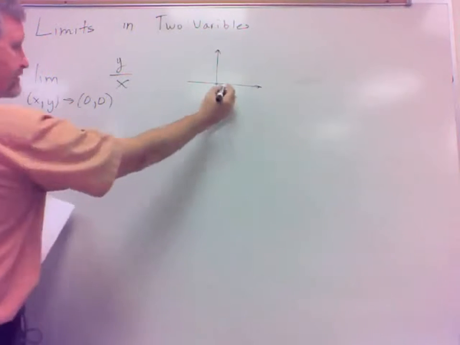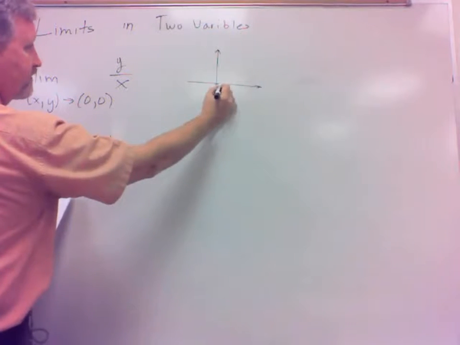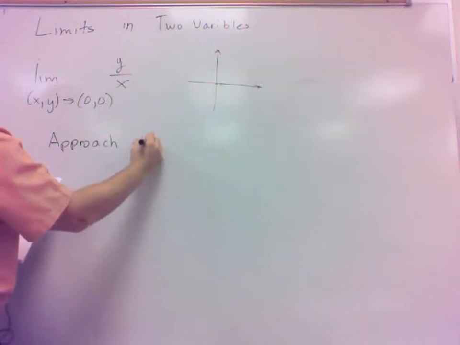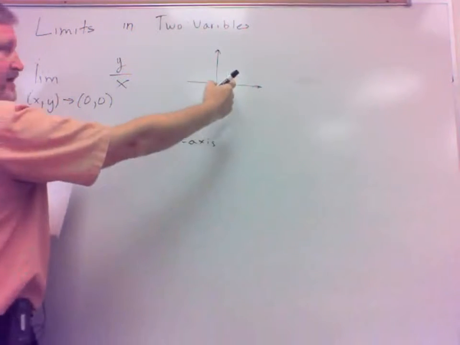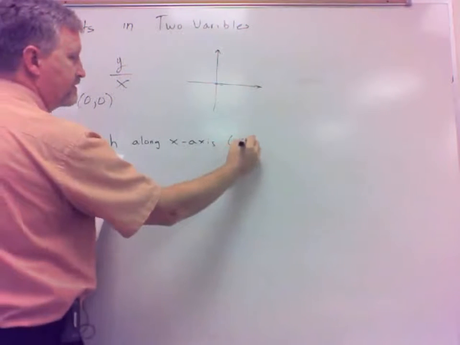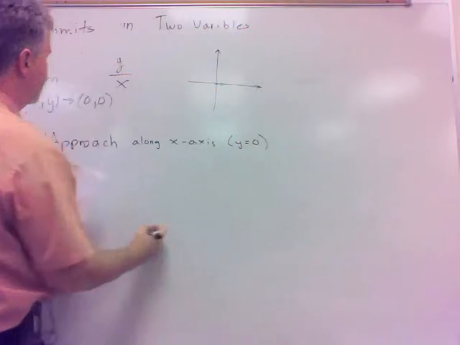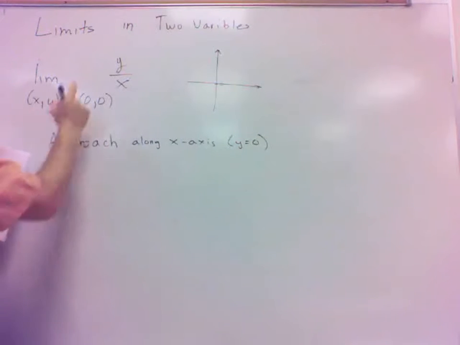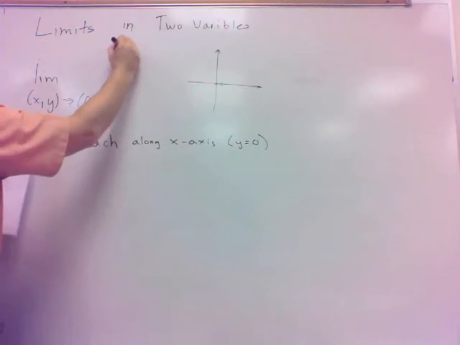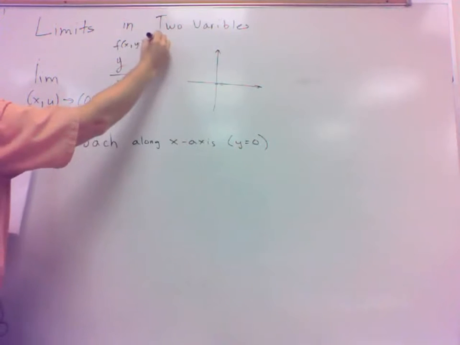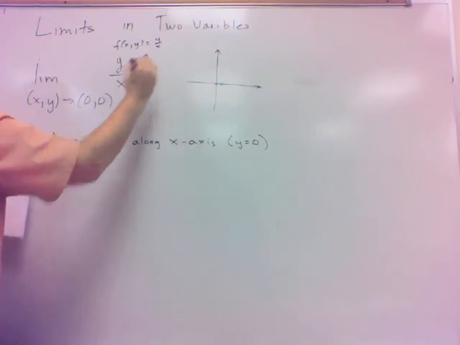Let's approach (0, 0) from the x-axis, which on the x-axis we're talking about y being 0. And so for our f of x, y here, it's y over x, right?